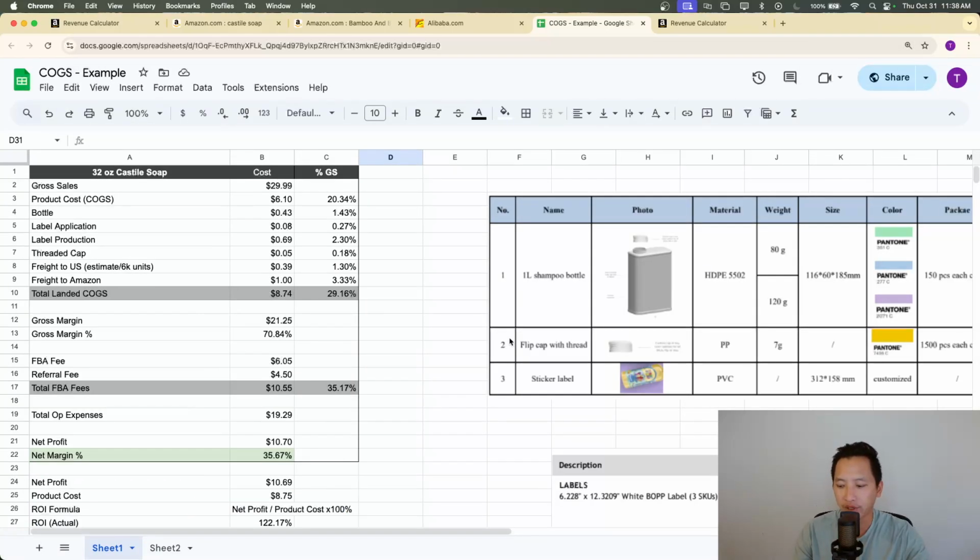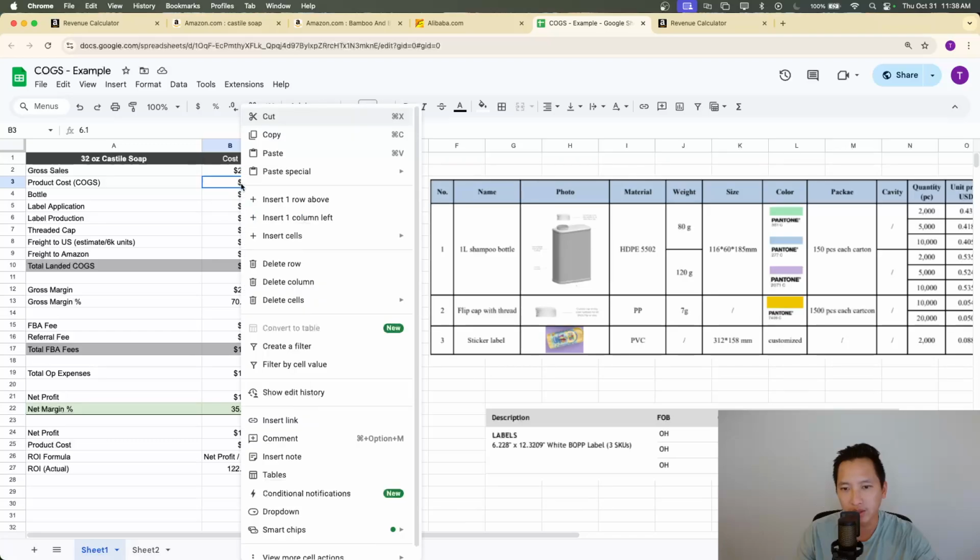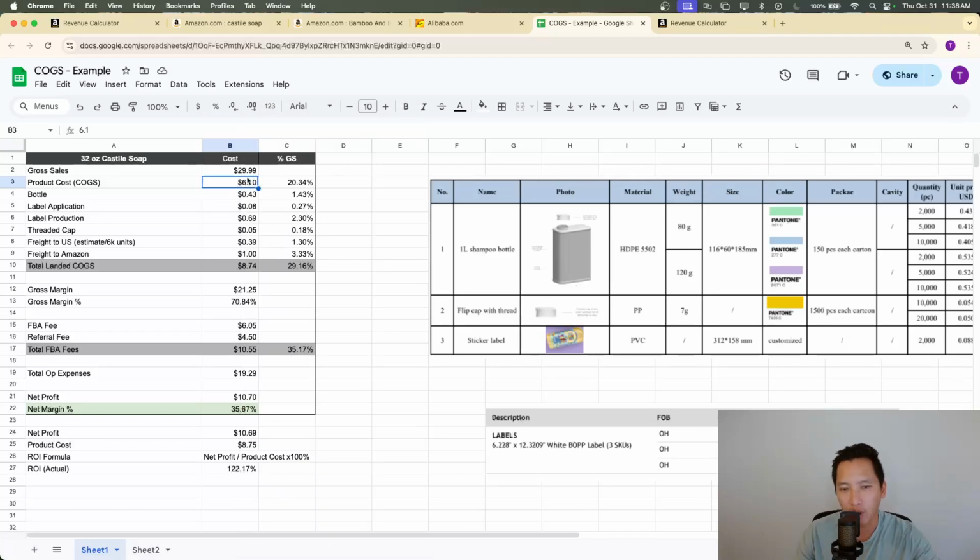So in this example here, we know our product is a 32-ounce Castile soap, and we're going to price it at $29.99. And our COGS, product cost, is $6.10. Now, this is a quote that you get from your supplier who's manufacturing your product.